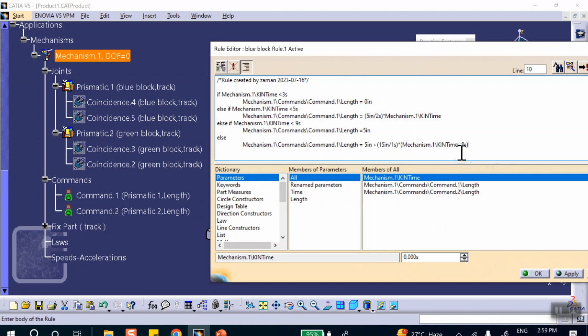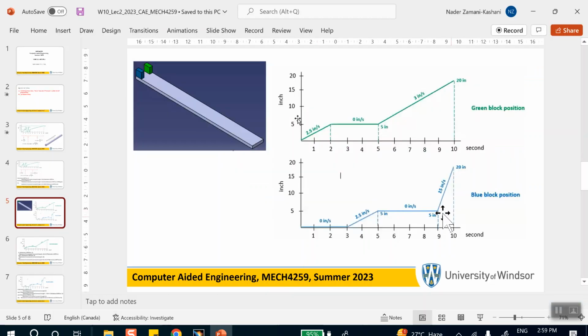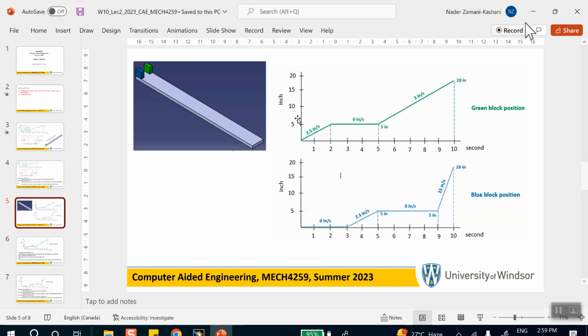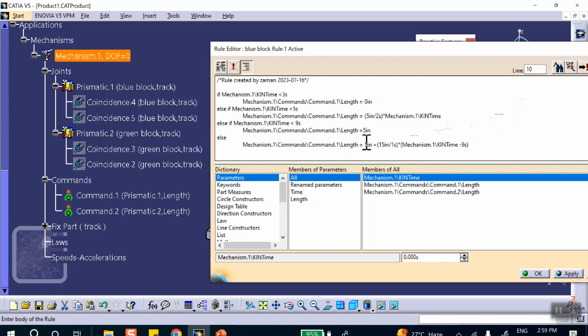For example, just hypothetically, if time is 9, 9 minus 9 is 0, so it's got 5 inches, and that is correct. If time is 10, that's 10 minus 9 is 1, 15 plus 5 is 20, and that is 20. That's correct. Hopefully we don't have a syntax error.